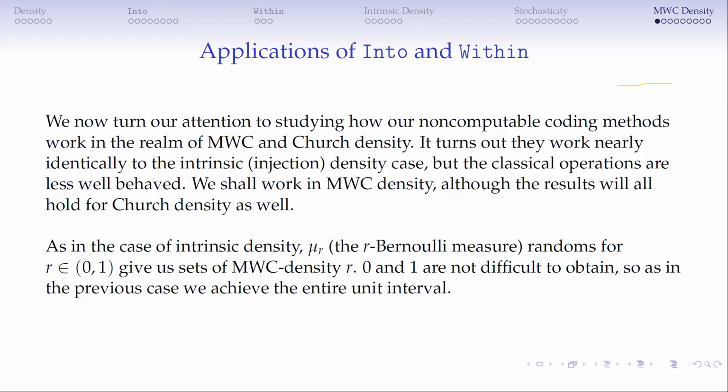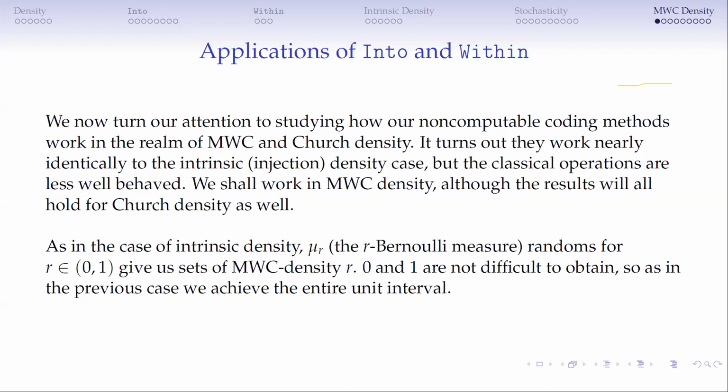But other operations, such as the join and union, are not going to work nearly as nicely, which is another motivation for why we care about into and within: they work over a broad variety of different classes, whereas other operations work differently in those same classes. Once again, you could ask the question, what values of MWC density or church density can you achieve?